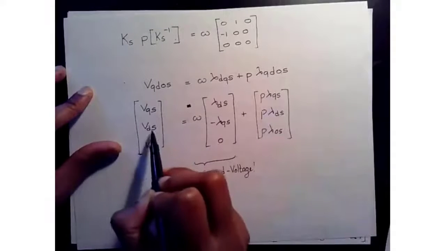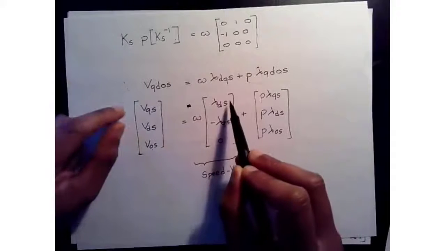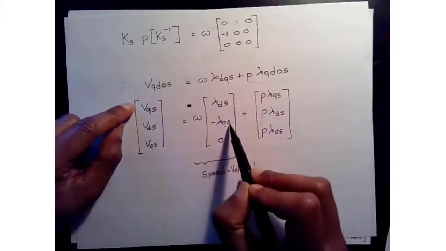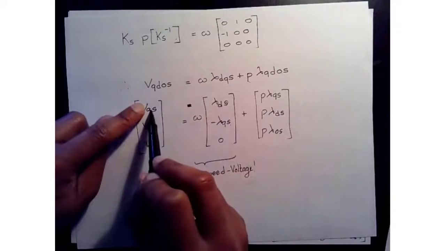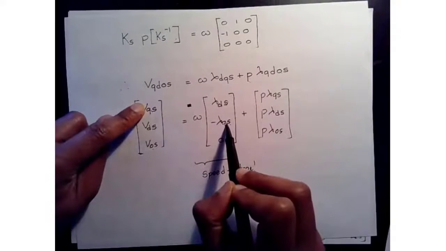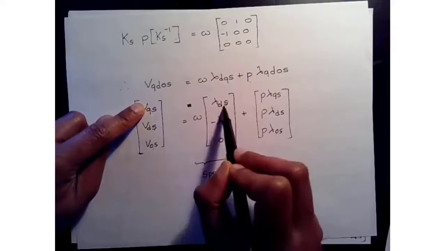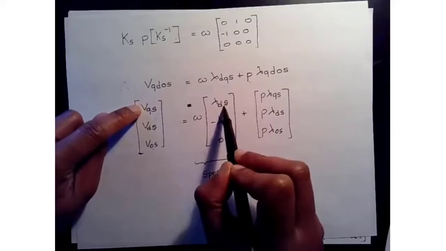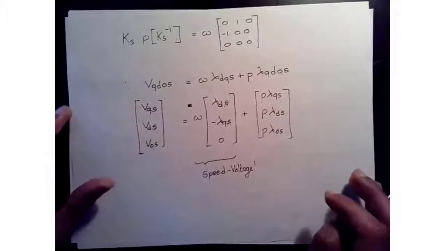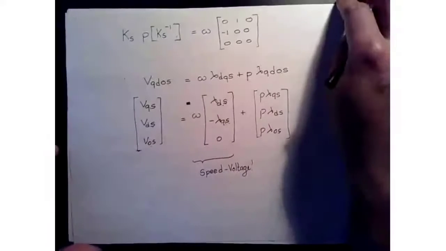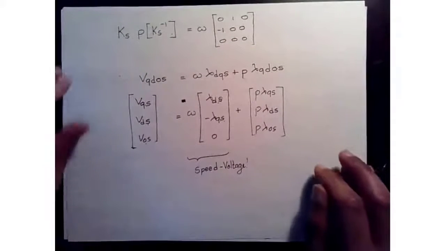So this is our vqs, vds, v0s, and we can clearly see that there is some cross coupling. See, some vq variables are in the d axis, some d variables are in the q axis. So this is called cross coupling. You will see this in synchronous machines when we go to analyze them.